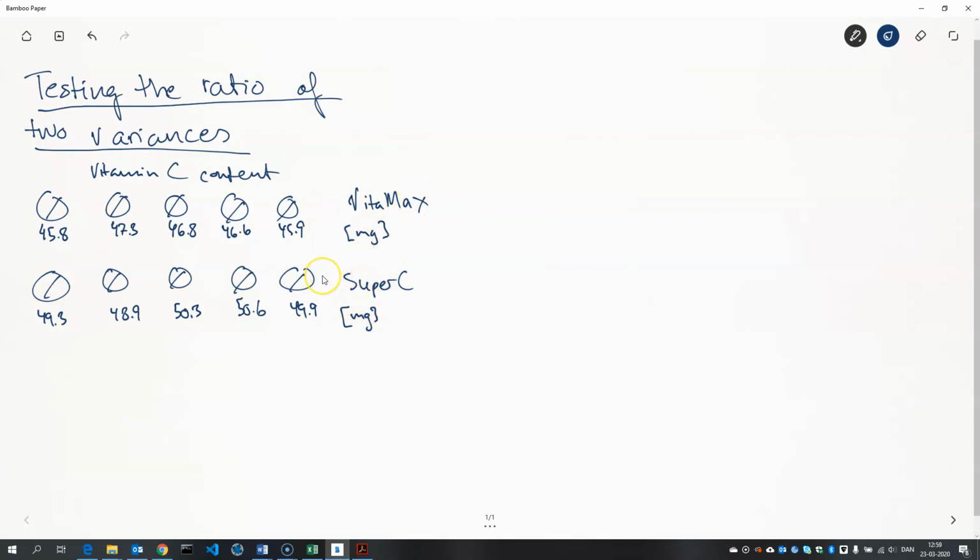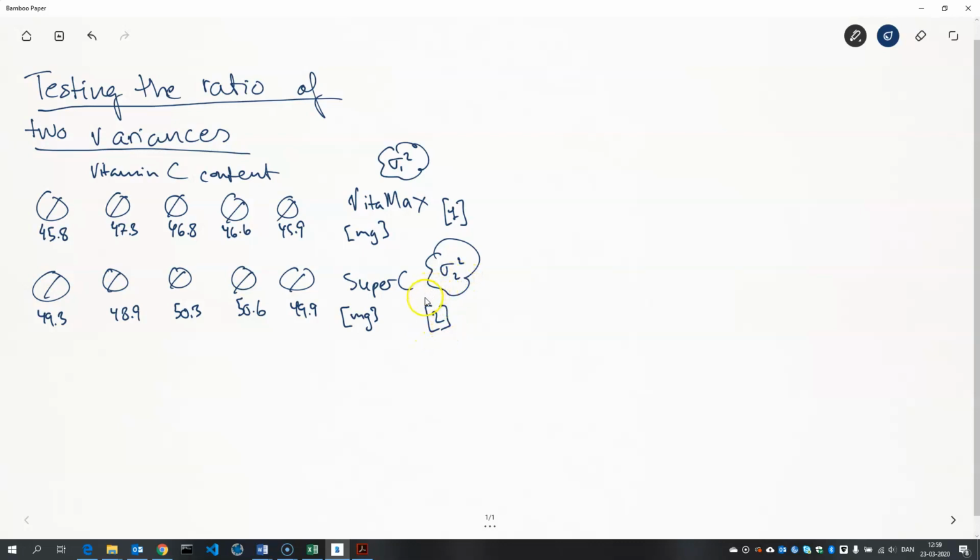So we've taken a sample from each brand consisting of 5 pills, and we've measured the vitamin C content, and we would like to know if the two brands, the two populations of vitamin pills, exhibit the same variance. So we'll refer to this sample as sample 1, and this is sample 2.